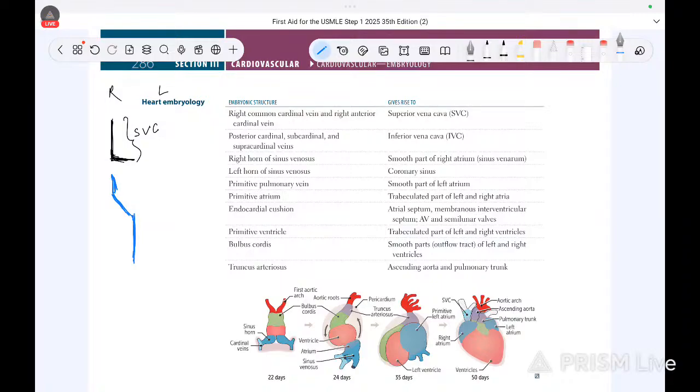So this supracardinal vein and the subcardinal vein, and part of the azygous vein also, these form the IVC. Let me erase it.